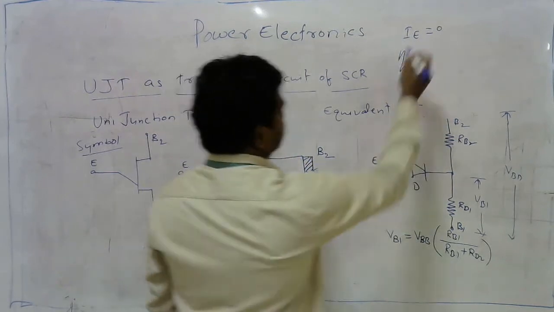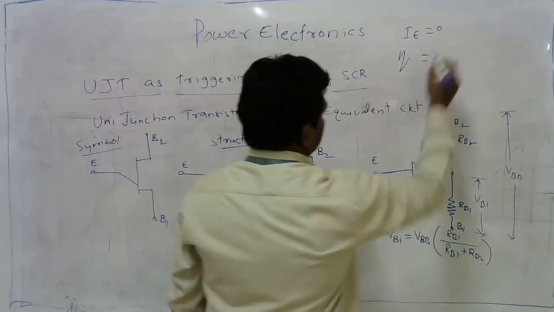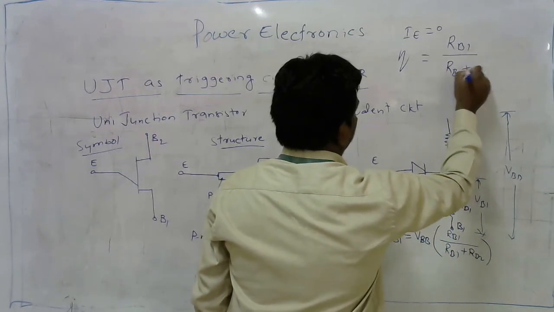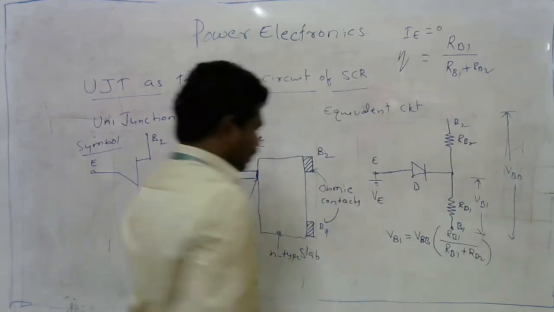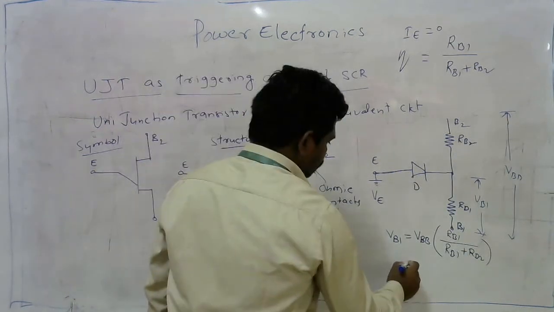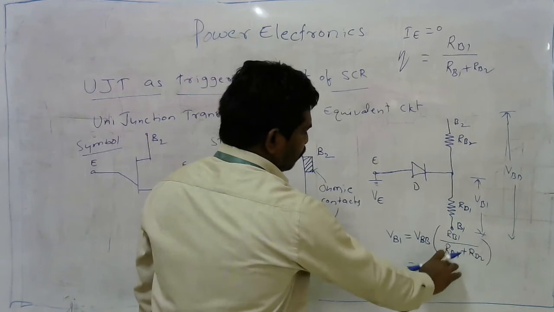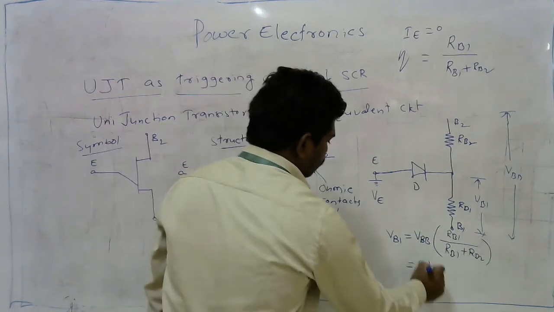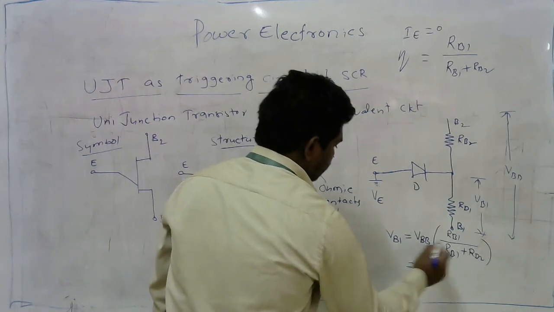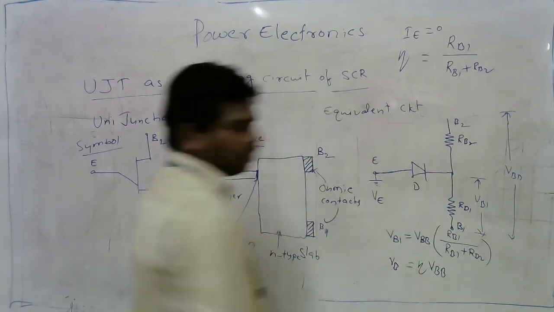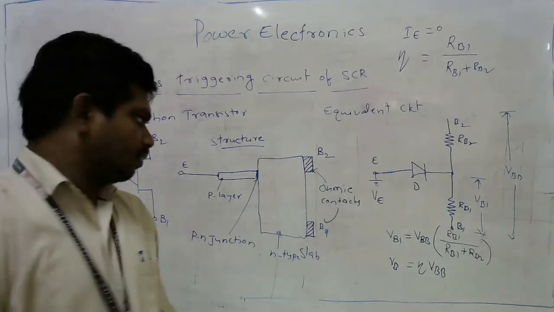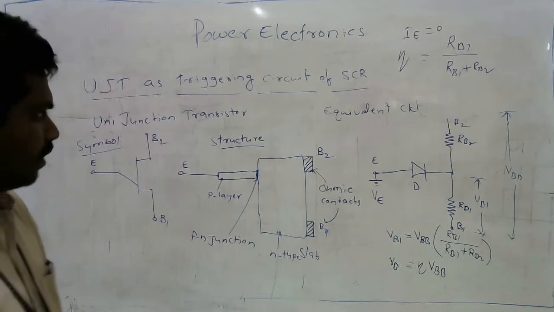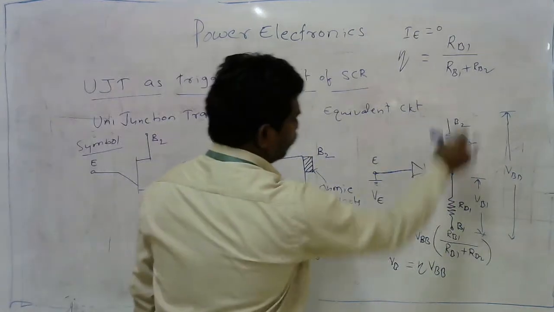When IE is equal to 0, eta is RB1 by RB1 plus RB2. So we simply replace RB1 upon RB1 plus RB2 with eta, and the voltage drop across B1 is eta times VBB, the voltage applied across the two ohmic contacts.